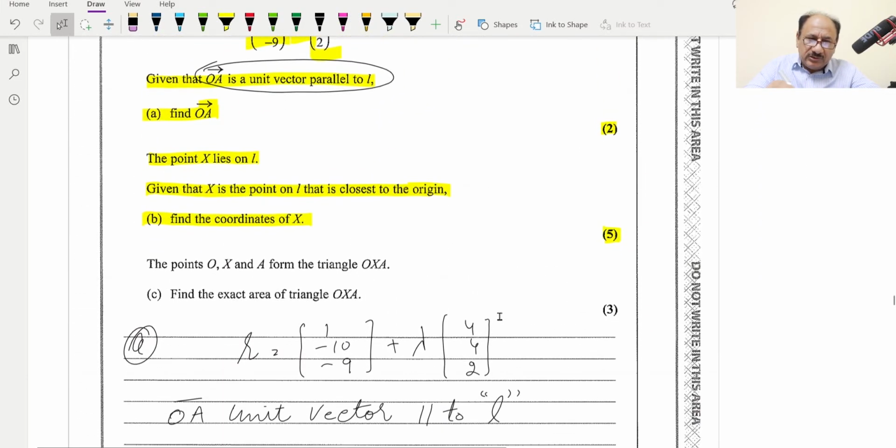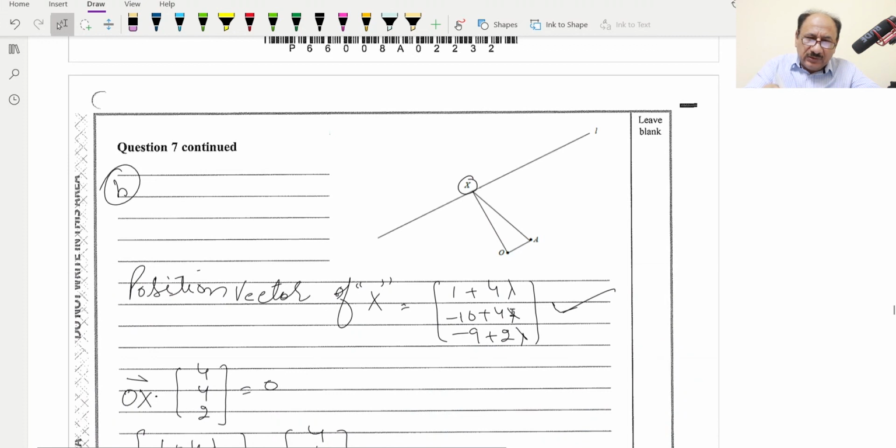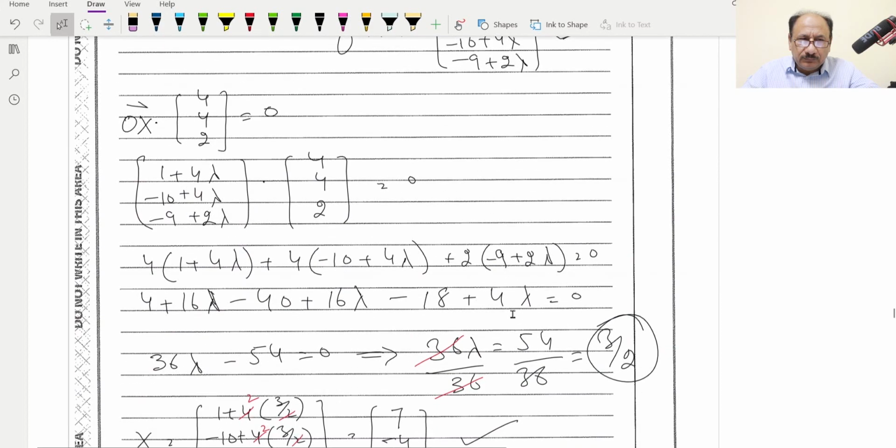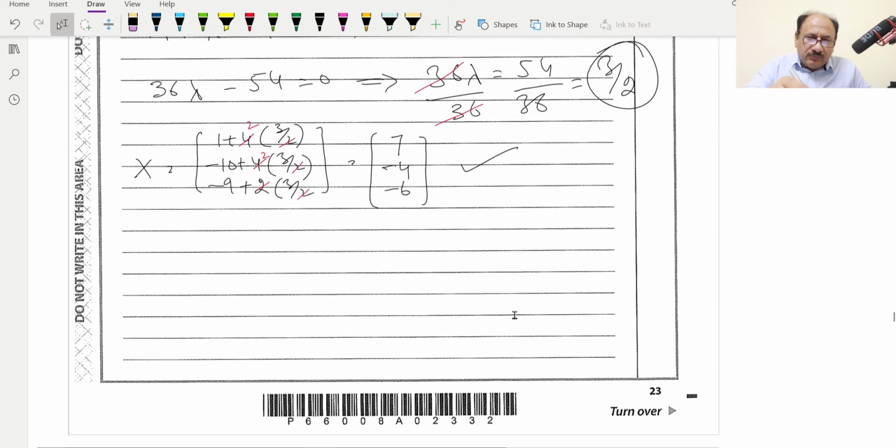Now we can move to the C part, and the C part says the points O, X and A form a triangle OXA. Find the exact area of triangle OXA. Triangle OXA is what we have shown over here. This is the triangle OXA, a right angle triangle, and this is a 90-degree angle. We can find OX using the X point we found.